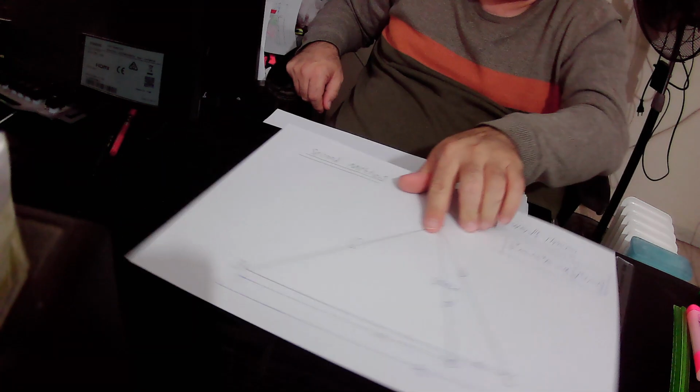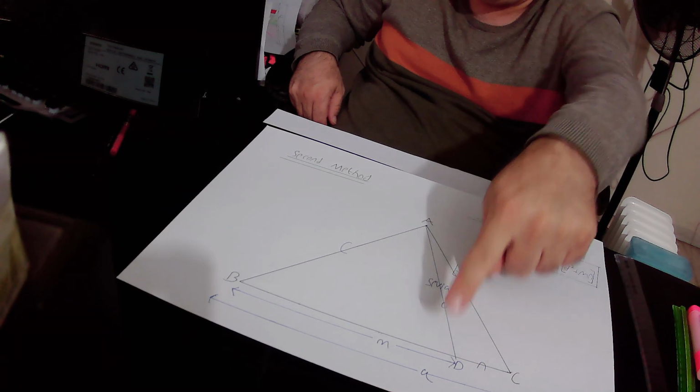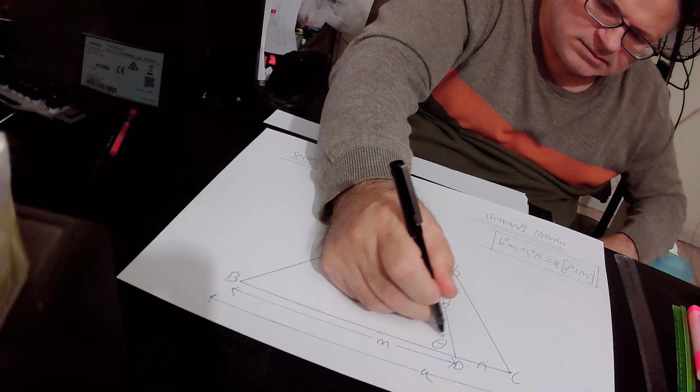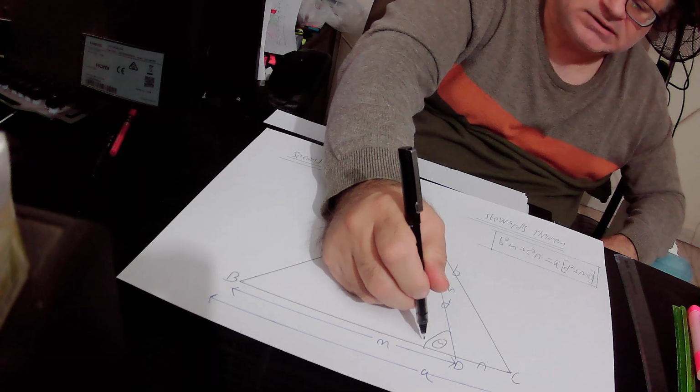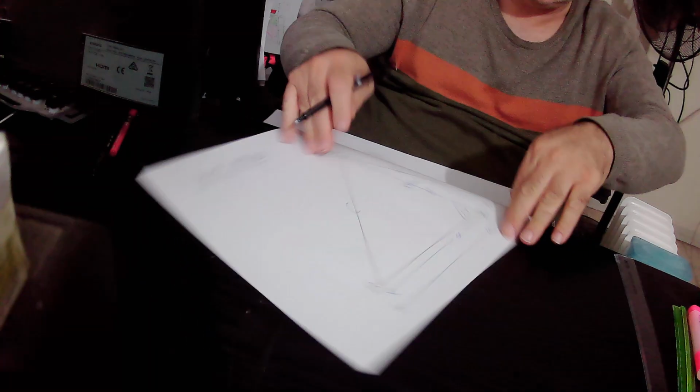In the second method, we define this angle ADB as theta. Therefore, the adjacent angle ADC must be equal to 180 degrees minus theta.